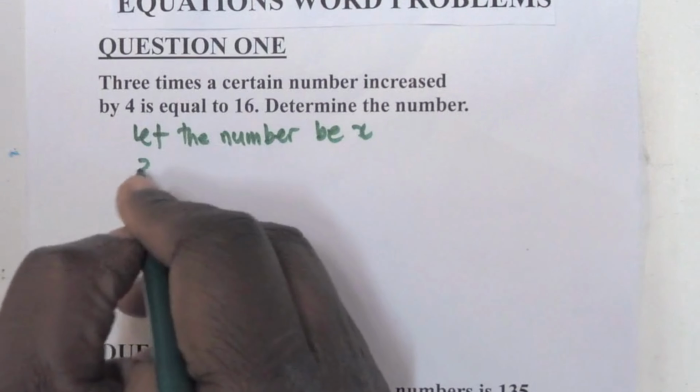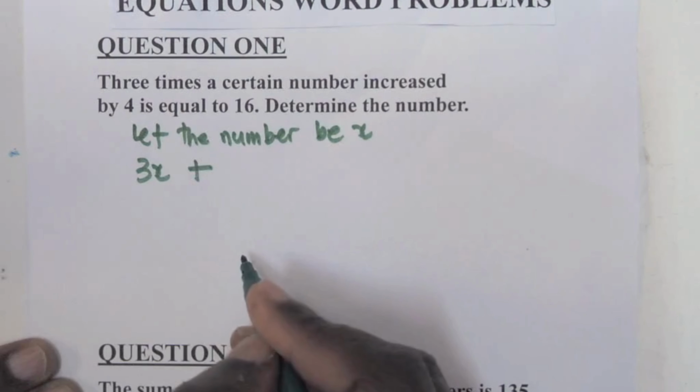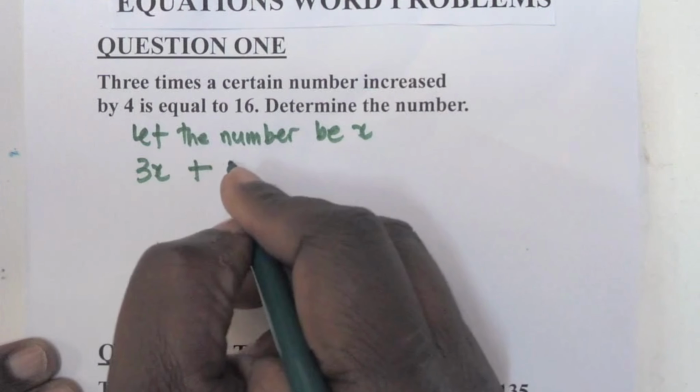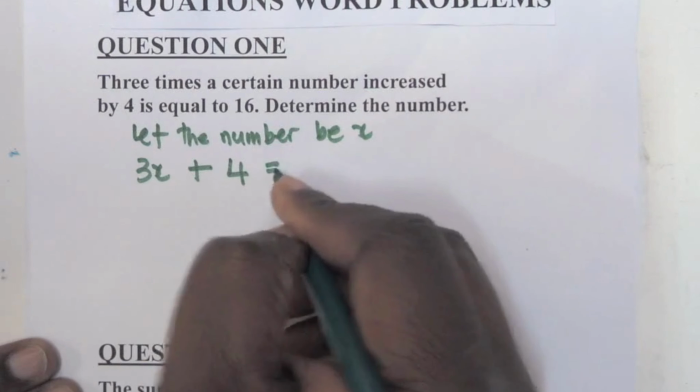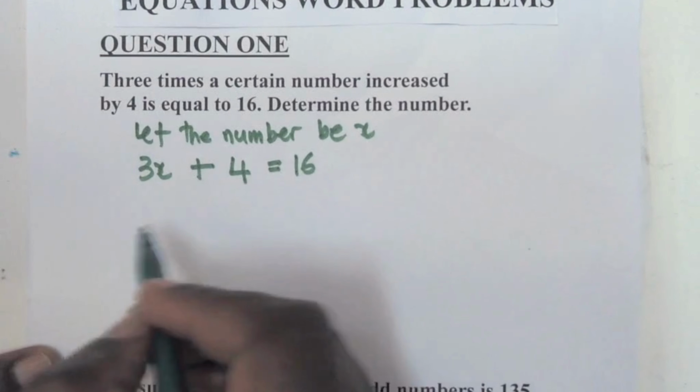Therefore, we are saying 3 times this number x, it's increased, so I use the sign plus 4 gives me 16.